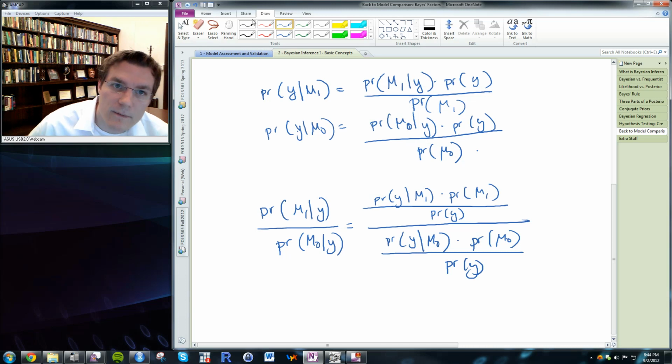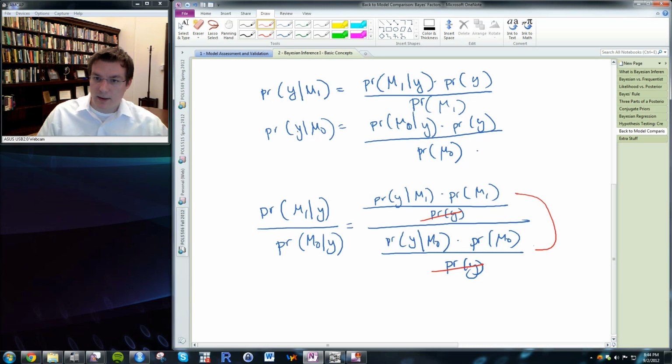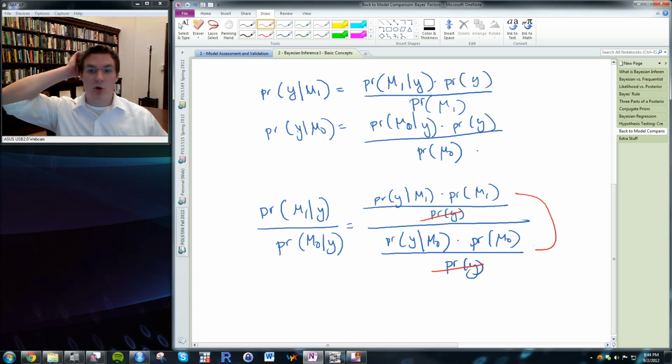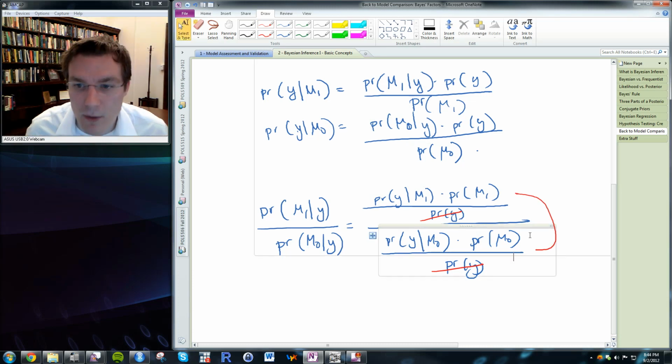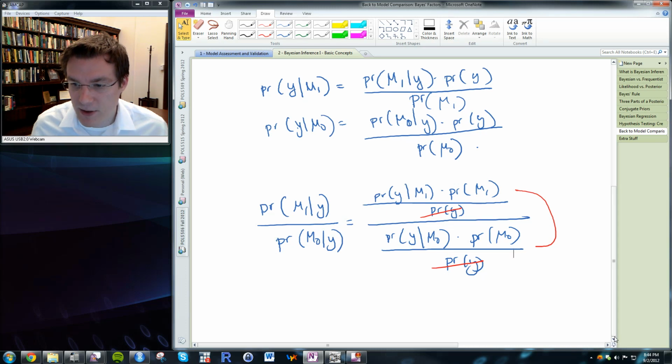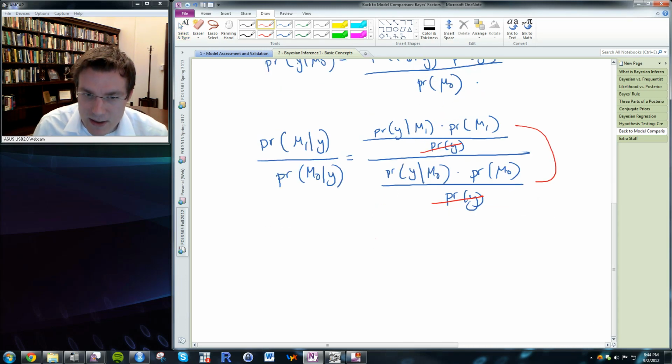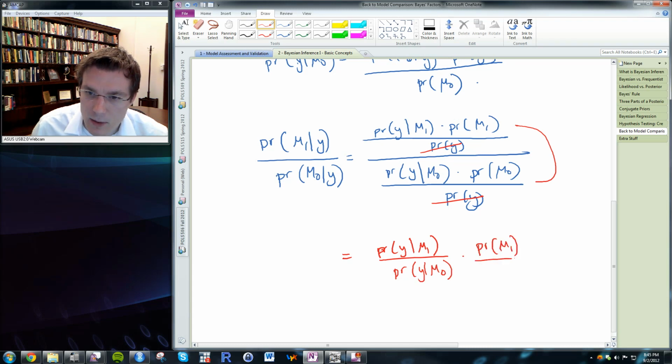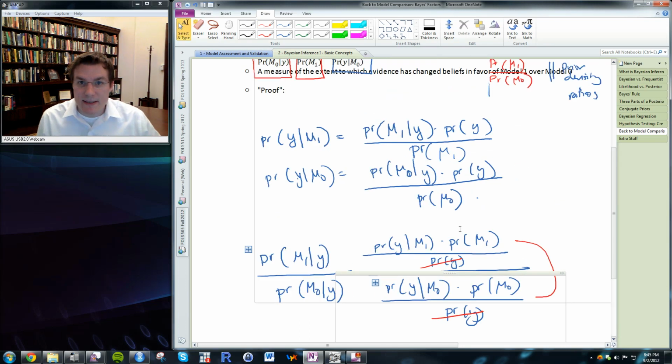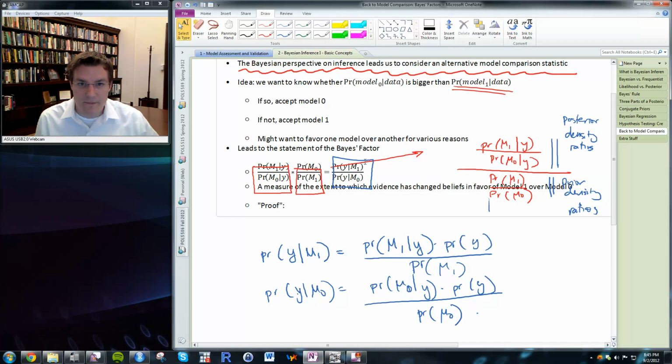Well, these are going to cancel, and what I'm left with is the Bayes factor. It's the ratio of likelihoods times the inverse ratio of priors. So this is going to be equal to Pr(y given M1) over Pr(y given M0) times Pr(M1) over Pr(M0). And that's exactly what we started off with right up here.